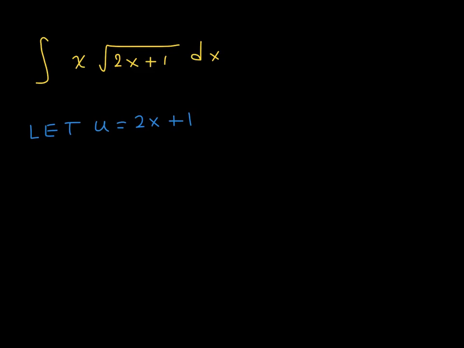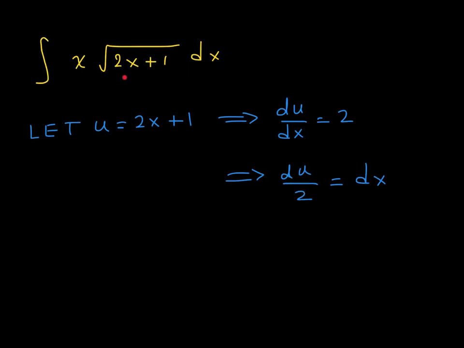But something interesting happens here. This would imply that du dx is equal to 2, which implies that du over 2 is equal to dx. So dx gets replaced with du over 2.